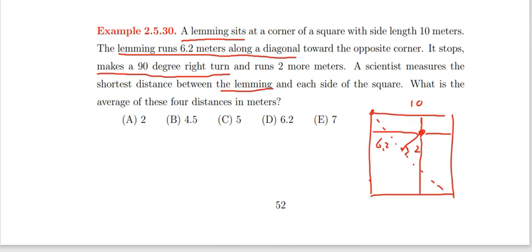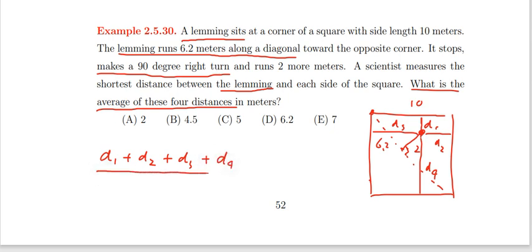Okay, so suppose it's D1, D2, D3, D4. So the question is, what is the average of these 4 distances? So we want to find D1 plus D2 plus D3 plus D4 over 4.